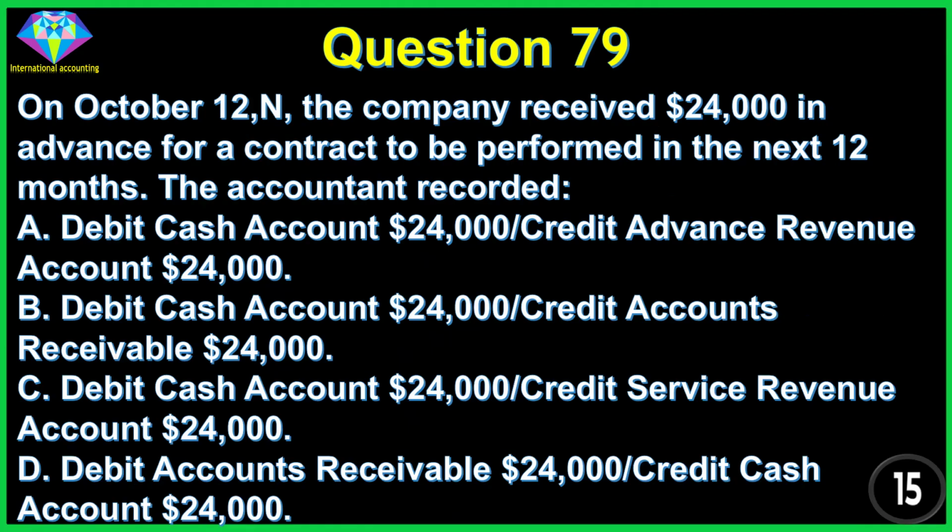D. Debit accounts receivable $24,000 per credit cash account $24,000. Debit cash account $24,000 per credit advance revenue account $24,000.